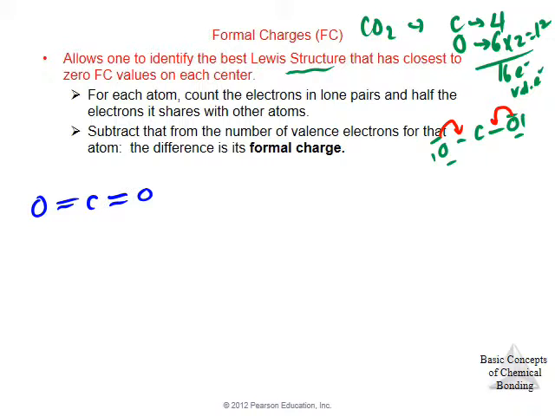Or rather than having 2 double bonds, I can have carbon, let me show you that. Carbon, let's first write down what we had. 2, 4, 6, let's make 8. 2, 4, 6, 8, it's 16. What I could do, I can bring in 2 pairs of electrons. One pair from here, one pair from here.